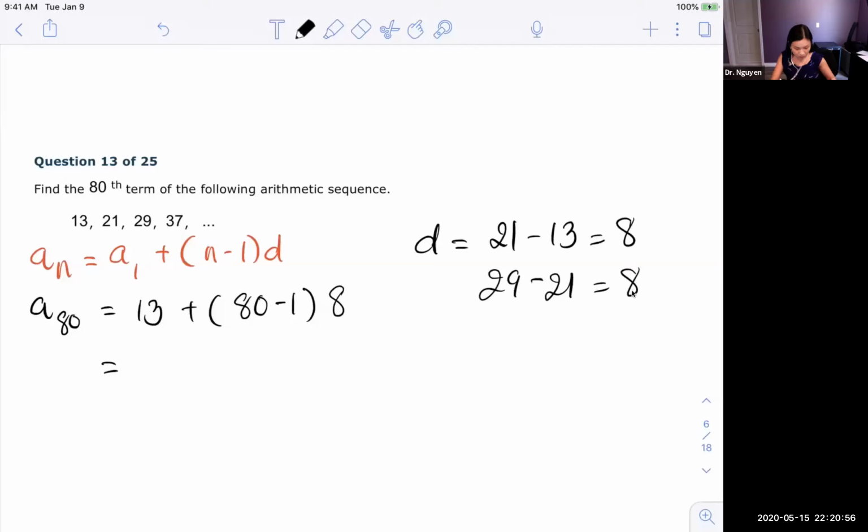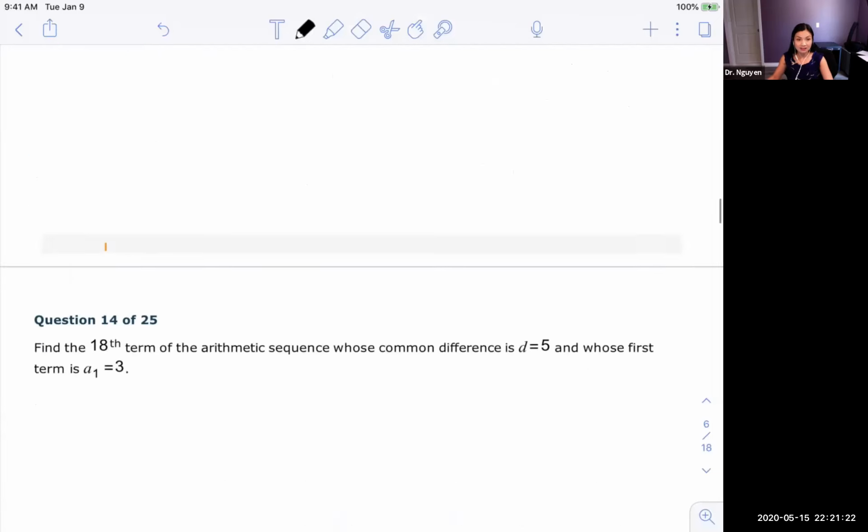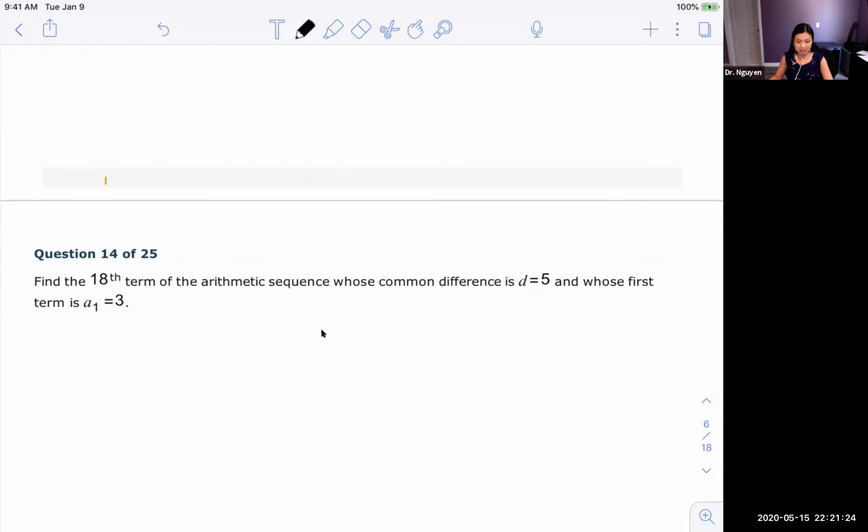So from here you calculate, and then it should be really easy. If everything is given to you, then it's really easy. So the answer is 645. Like I said, if a_1 is given, n is given, d is given, then it's really easy.